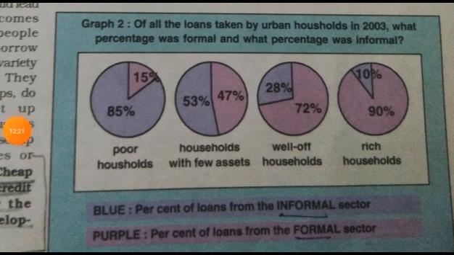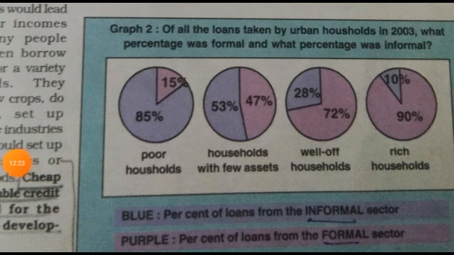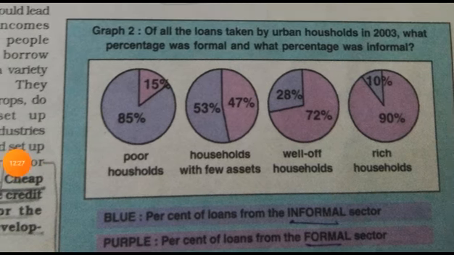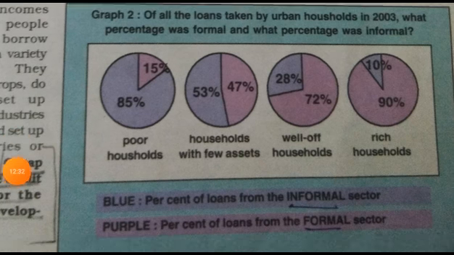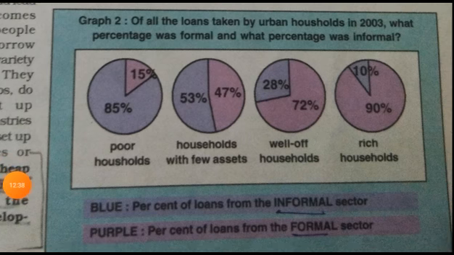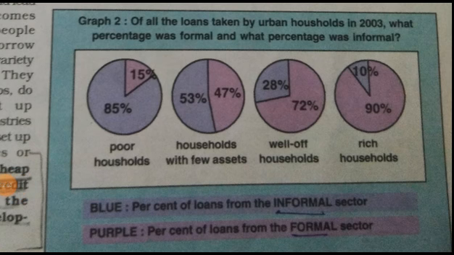So here 85% of the loan taken by poor households in urban areas is from the informal sector. So 85% of people from poor households get credit from the informal sector, where the rate of interest is much higher.